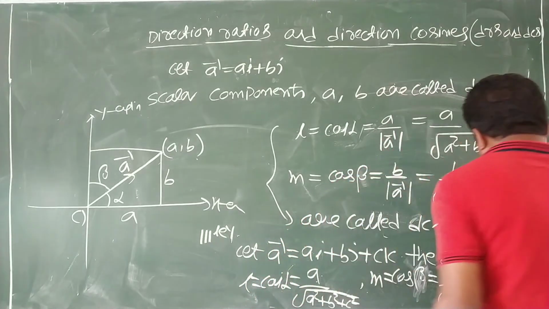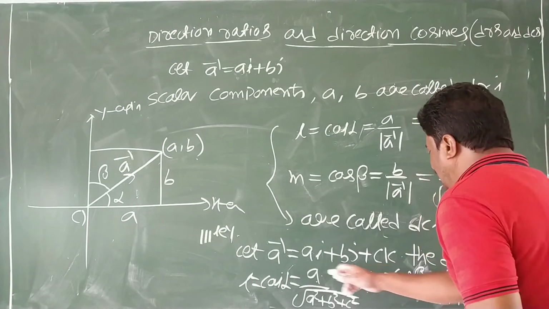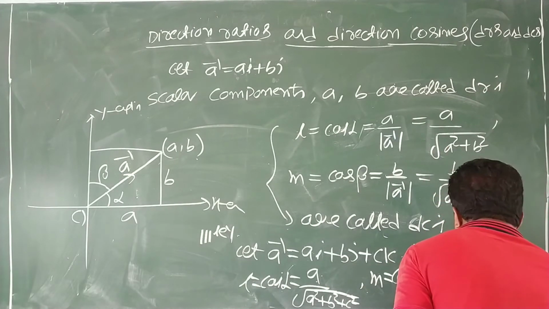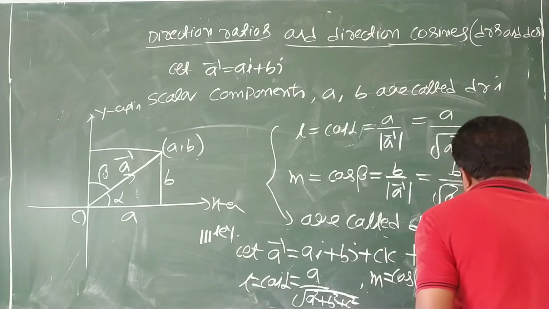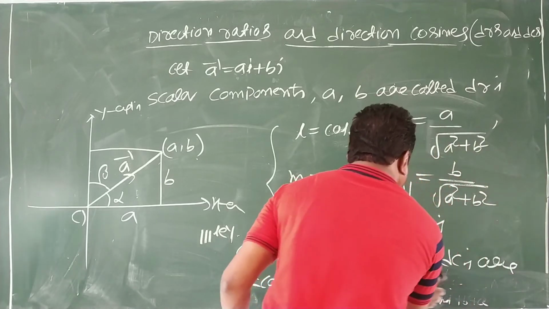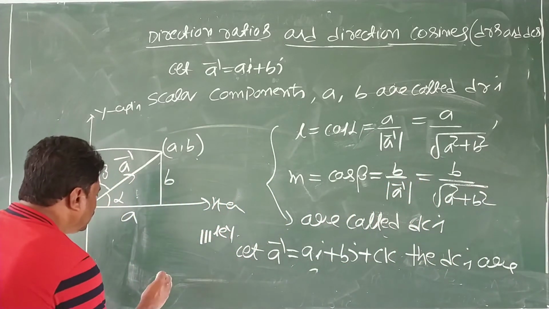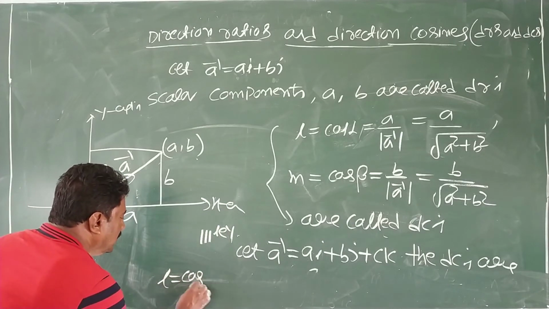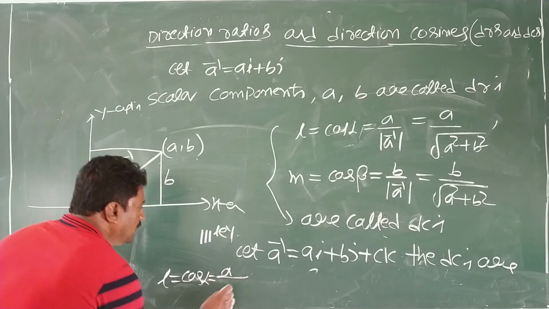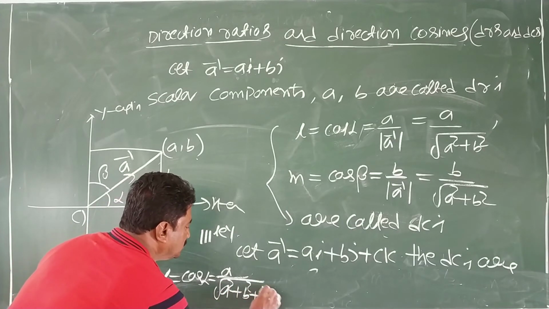Lastly, N equals cos gamma. So L equals cos alpha is equal to A by root of A square plus B square plus C square.